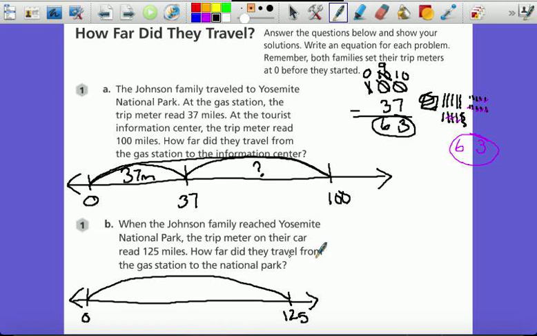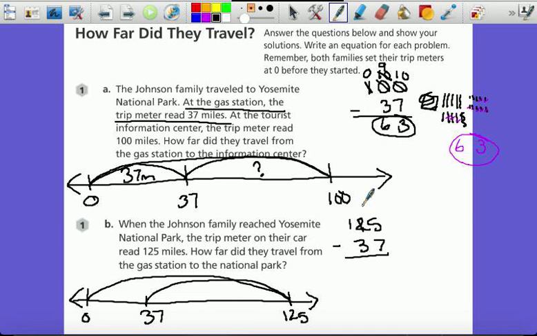How far did they travel from the gas station to the national park? I need to look back up here and see where the gas station was. At the gas station, the trip meter read 37 miles. So I need to put a little marker for 37, and I'm trying to figure out the distance from 125 to 37. I need to do the same thing I just did up here, and take 125 minus 37.